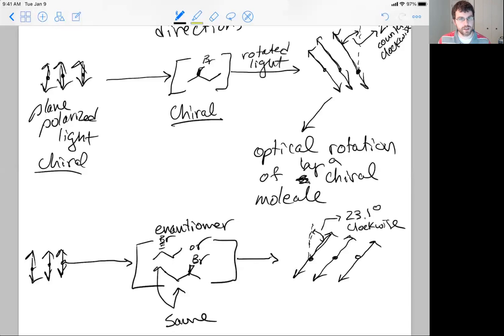So sometimes the optical rotation can be predicted. Now, if I just threw another random chiral molecule, we wouldn't be able to predict it from these two numbers. But if we know the number for the first molecule, it's always the opposite for the enantiomer.